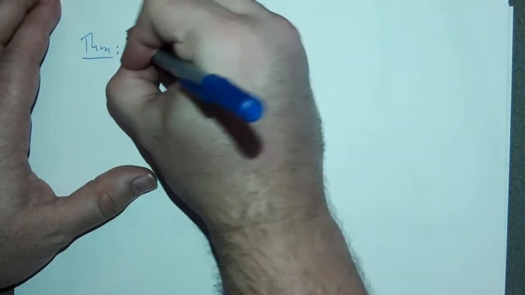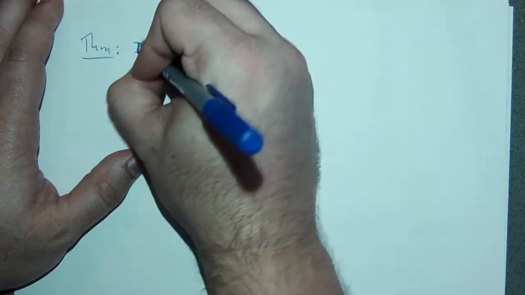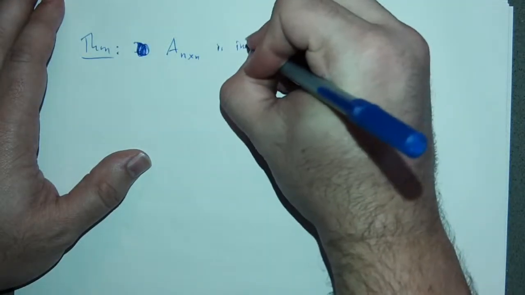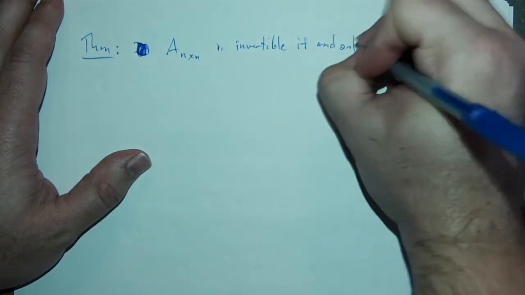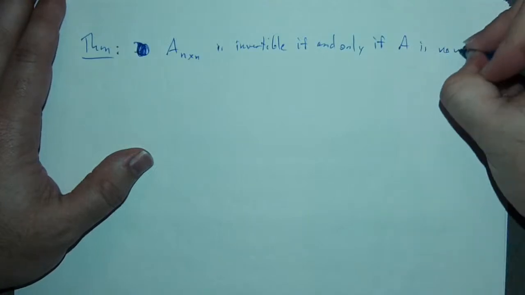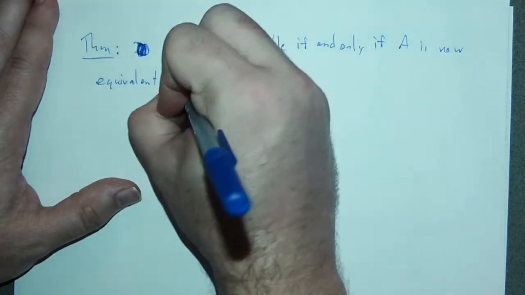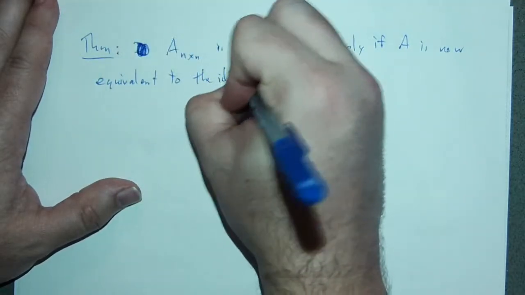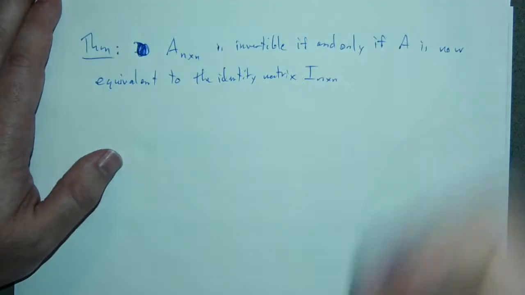So if A, which is an n by n matrix, is invertible, maybe I shouldn't say if, because I'm going to state this as an if and only if statement. So A, which is an n by n matrix, is invertible if and only if A is row equivalent to the identity matrix I sub n by n.